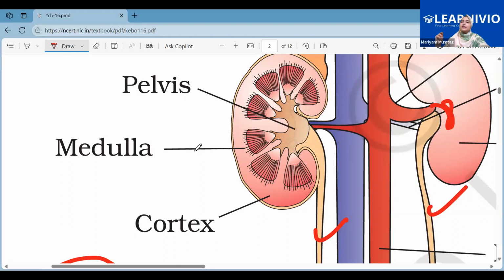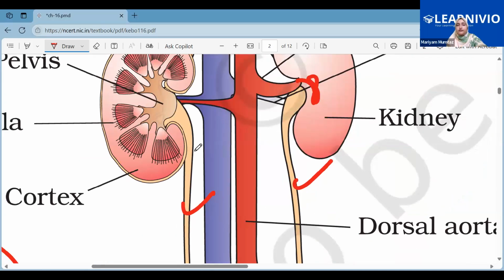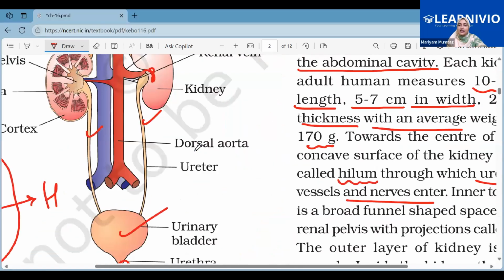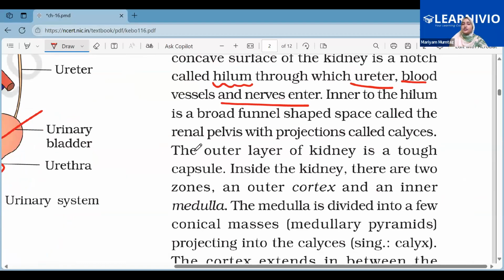Anything related to the kidneys, we call renal. Then there are the projections out of the renal pelvis, which are known as the calyces.